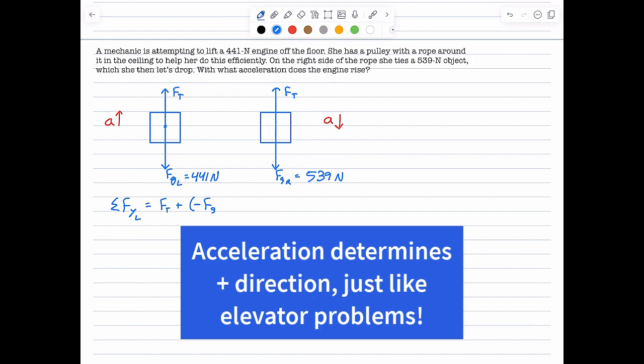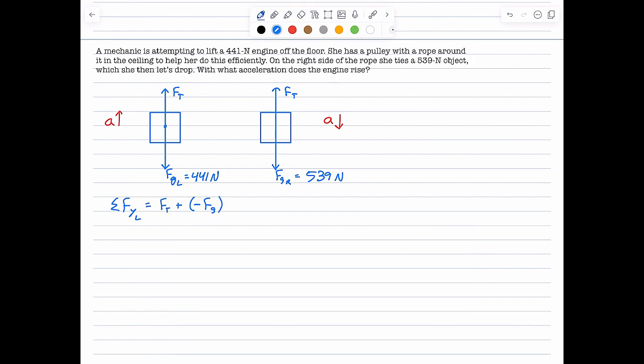In this case, up is positive for this side. So that is going to be equal to the mass of the object on the left times its acceleration. And since we're assuming equal tension on both sides, we're also assuming equal acceleration on both sides.